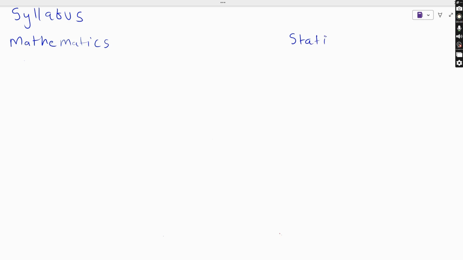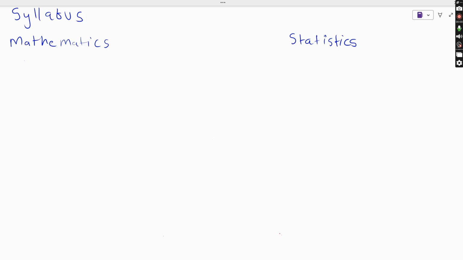The syllabus of mathematics and statistics is somewhat similar to what we have studied till now, or there may be other different things that you might not have studied till now, but most of the things will be what you have studied till now.